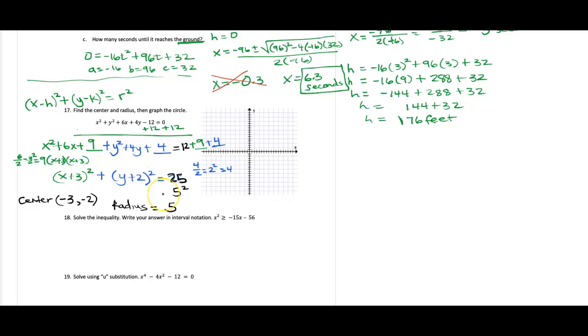This one could be written out that way, but if it's not a perfect square, then you're taking the square root of that number to find it. So maybe I'll just show that here.